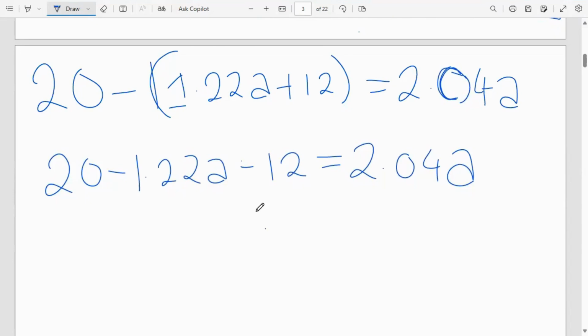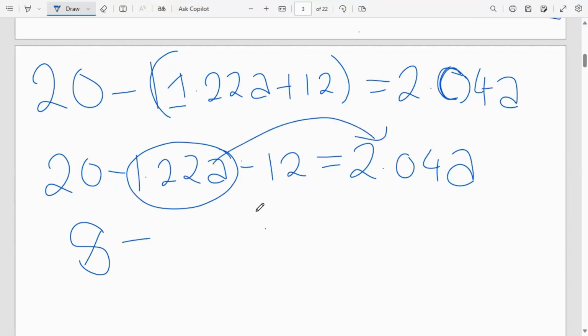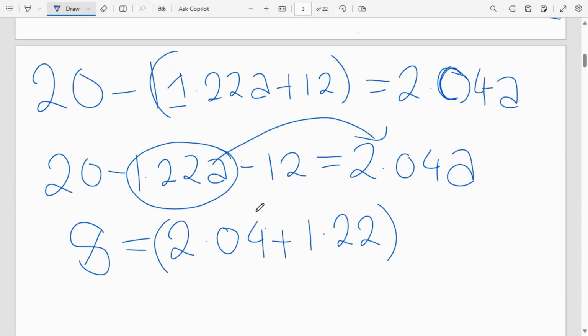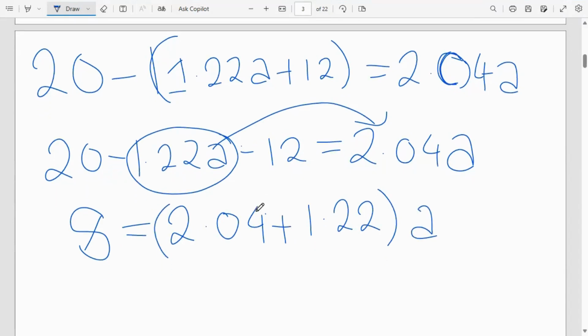Okay, so 20 minus 12, we can get 8 directly. Then I'll get this 1.22A and take it to the other side of the equation. 8 is equal to 2.04 minus 1.22, actually it will become positive when it crosses the equal sign, and that is A.